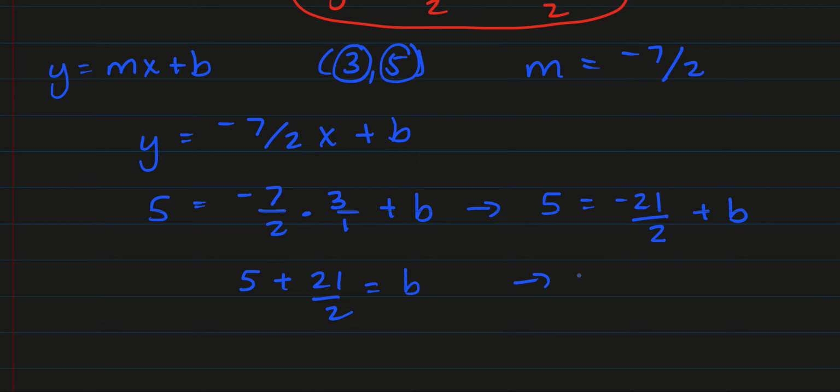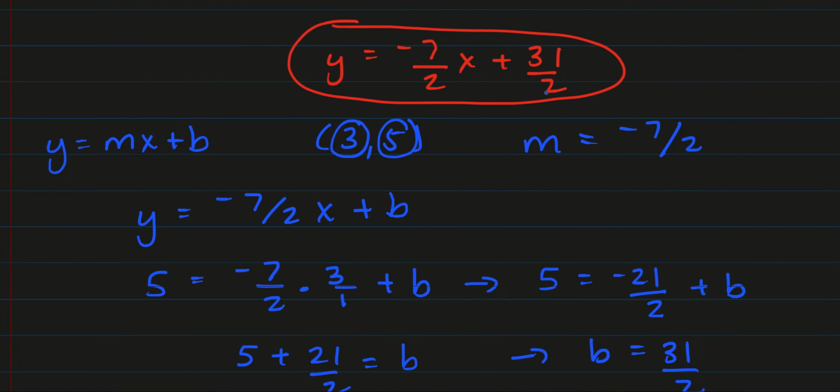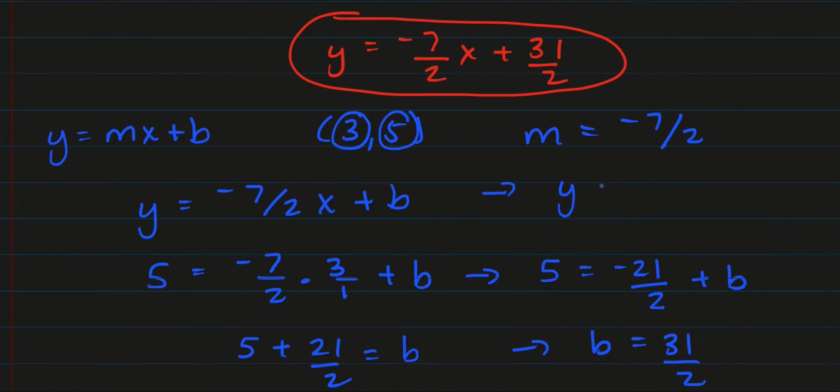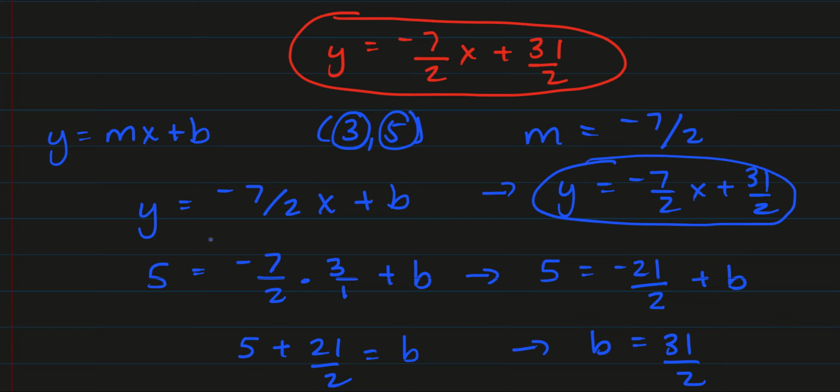Combine like terms, you'll get that b is equal to 31 over 2, which is exactly what we got before. So we see that y is equal to negative 7 over 2x plus 31 over 2. So we get the same answer. So it really depends on what you like to do, how you want to solve for the slope-intercept form.